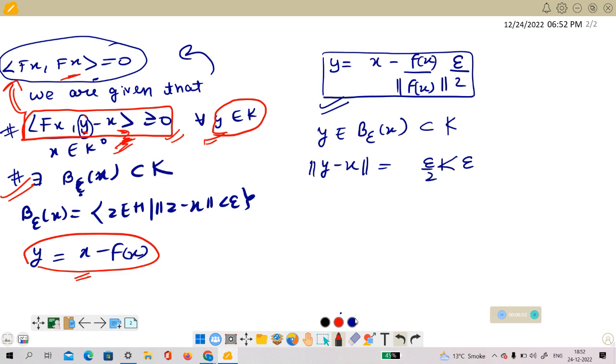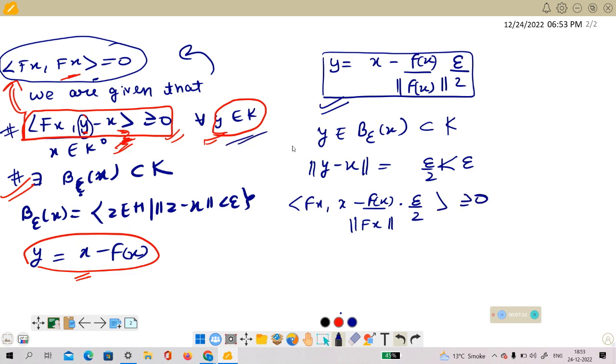Now we will show this. f(x) comma y, where we put the value of y, which is x minus f(x) by the norm of f(x) into epsilon by 2, is greater than or equal to 0.